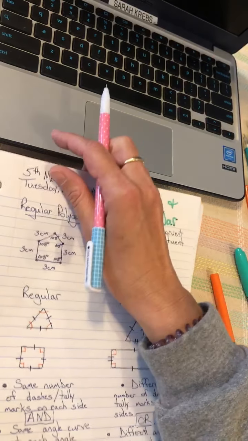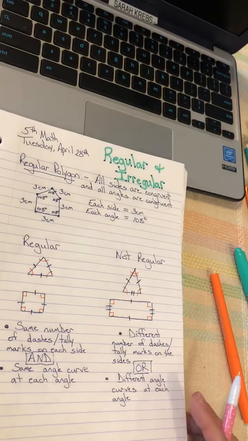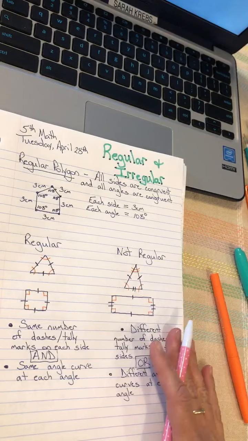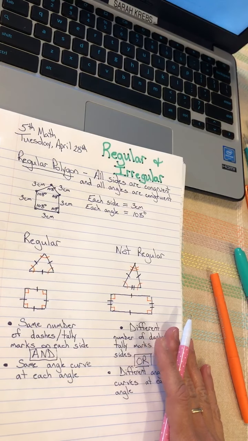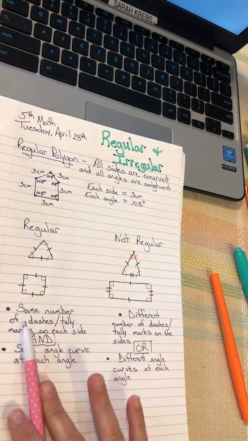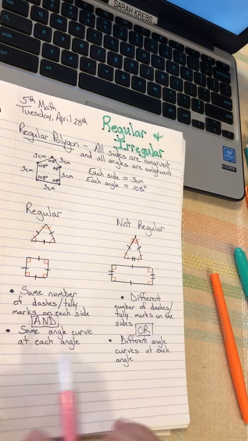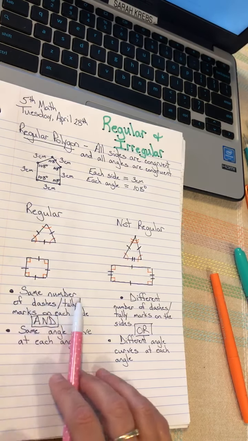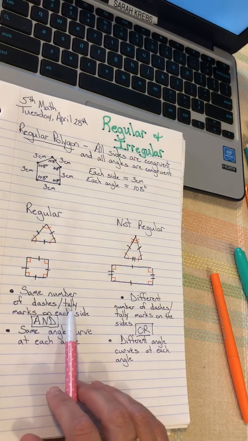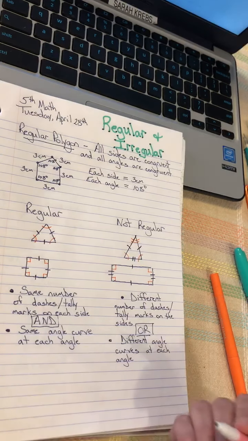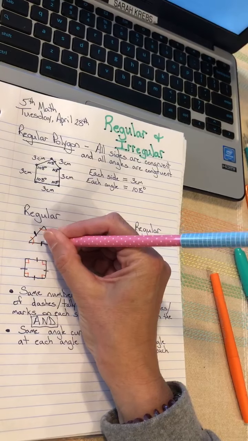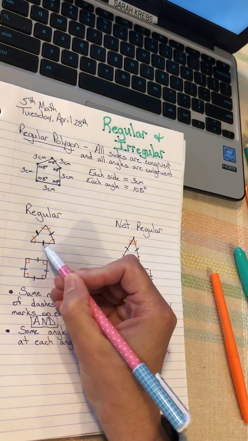Now what we're going to be looking at is the different ways that geometry mathematicians mark their polygons, so you will know whether they are regular or not. Let's look at some regular examples. What I want you to notice, you're going to see this in your assignment today, is that if each side has the same number of dashes, or you can think of them as tally marks, this is how geometry people show it.